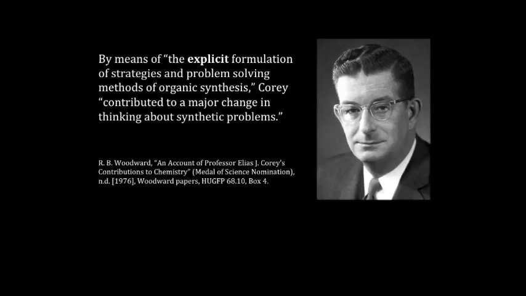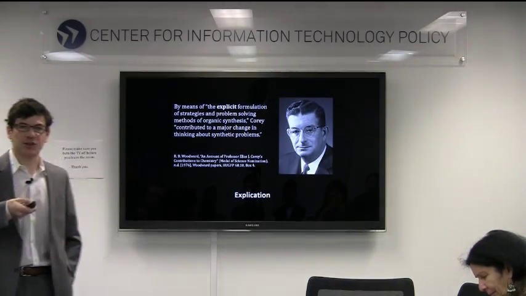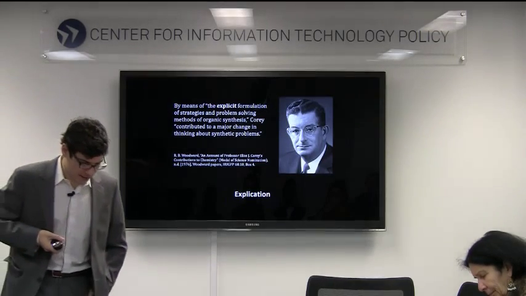In this nomination, he wrote that by means of the explicit formulation of strategies and problem-solving methods for organic synthesis, Corey had contributed to a major change in thinking about synthetic problems. There's something important about Corey's explicitness for Woodward. And this got me thinking about explication as a mode in which we can talk about the function of the computer in this process of method making.